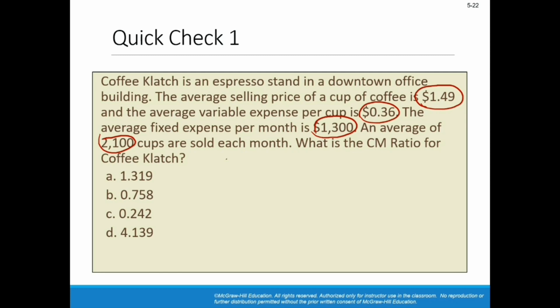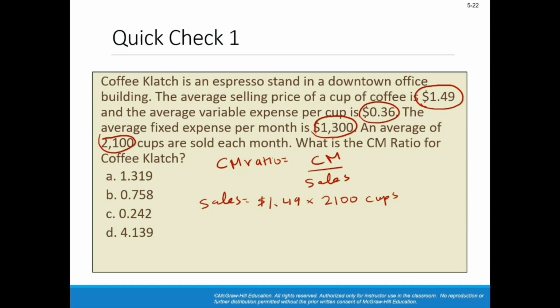So in order to get the CM ratio, we need CM and we need sales. We know that sales are equal to 1.49, which is the selling price per 1 cup, multiplied by 2,100 cups.